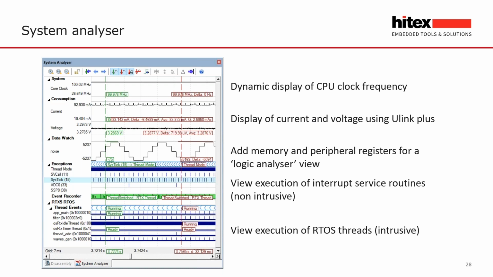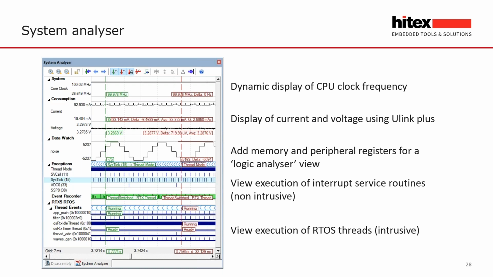If you're using the ULINKplus, we can also record the current and voltage of the microcontroller directly into the system analyzer as well. So we can relate its energy usage back to the code execution as the code is running.